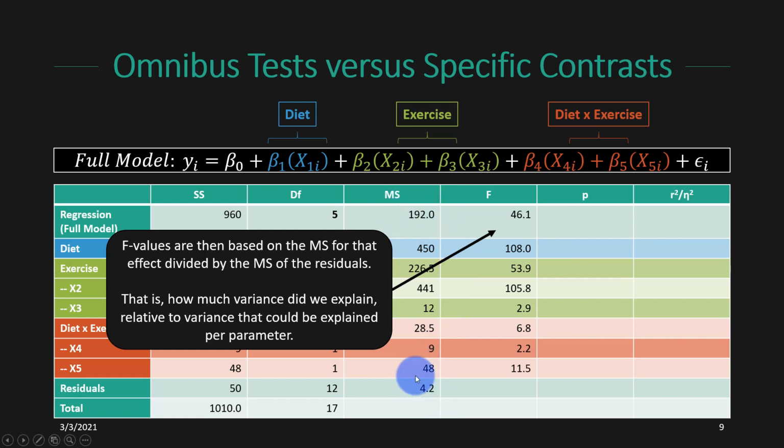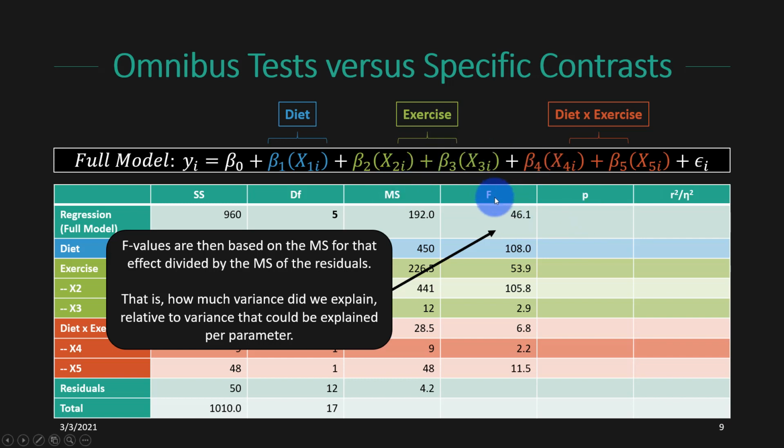And based on the residual variance, we would expect to explain about 4.2 squared errors per parameter. So that is about 46 times greater than the residual variance. And therefore, this is likely going to be a statistically significant F value because it is unlikely to occur under the null hypothesis. And we're going to calculate those p-values in a moment.